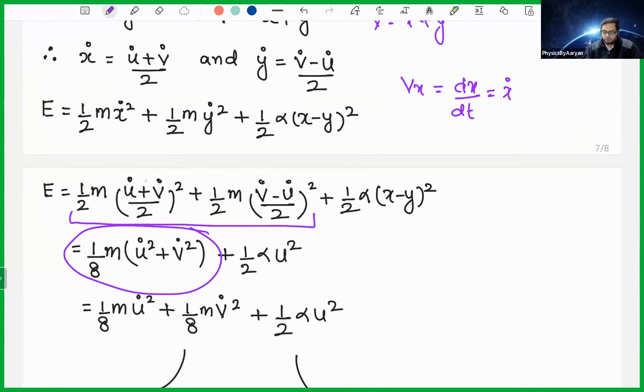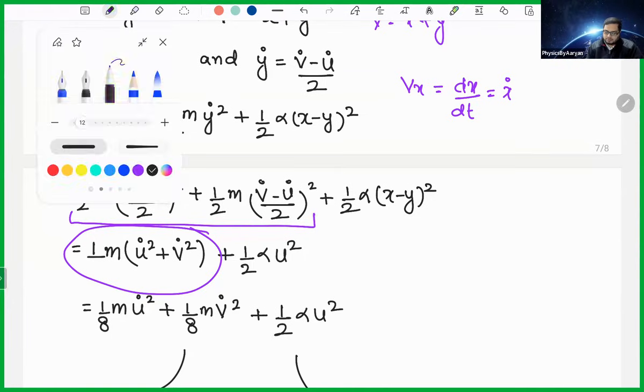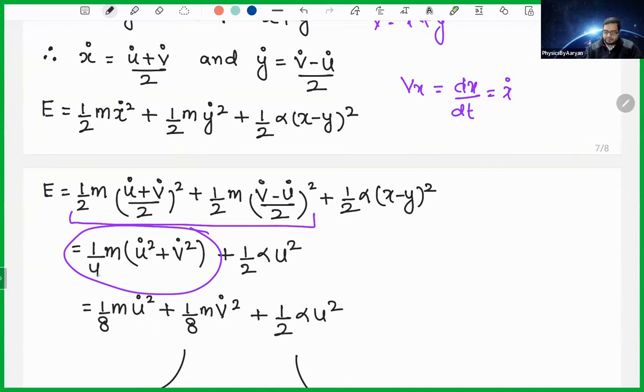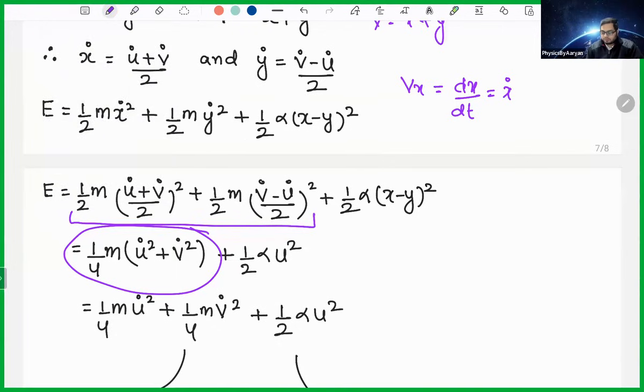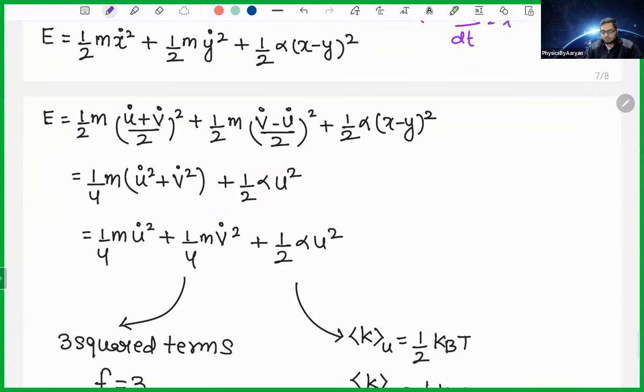The denominator is 4, because if you square, the 2 gets squared and you get 4. Although that does not matter. So this is what we have: 1 by 4 m u dot square, 1 by 4 m v dot square, and now you only have u.